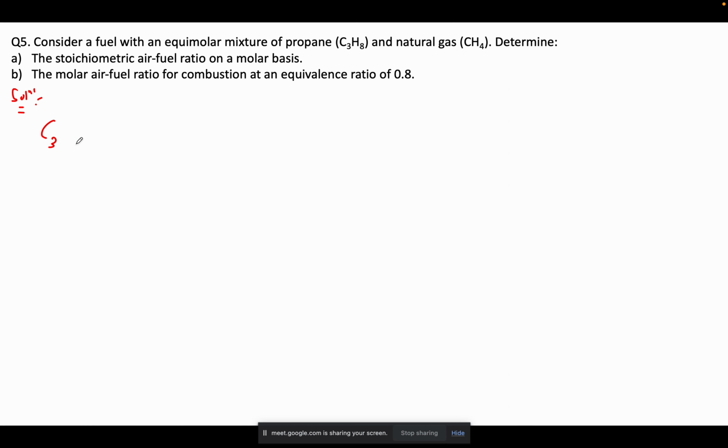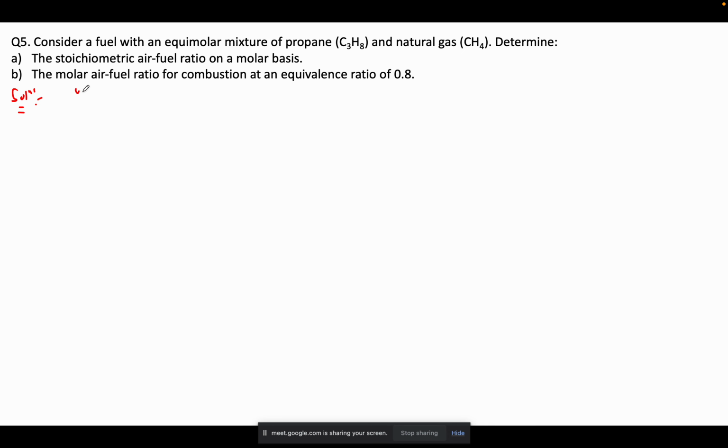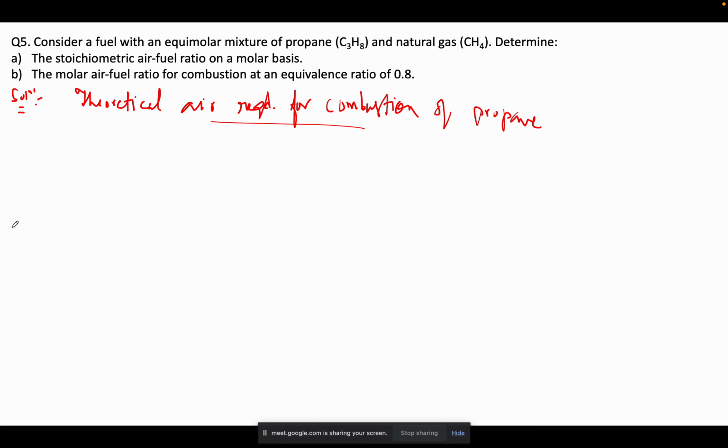C3, that means this is the theoretical air required for combustion of propane.